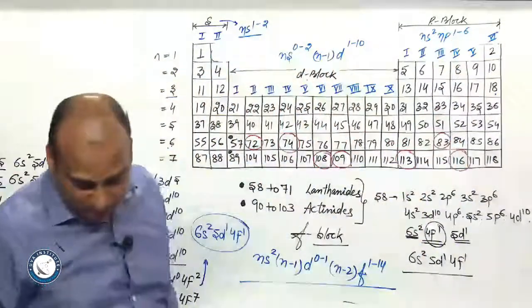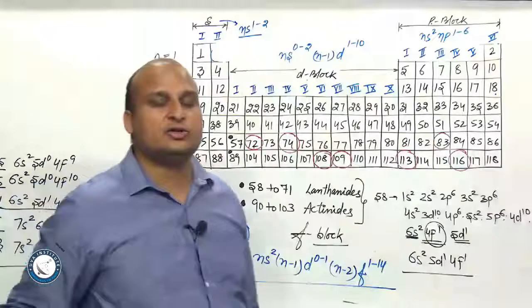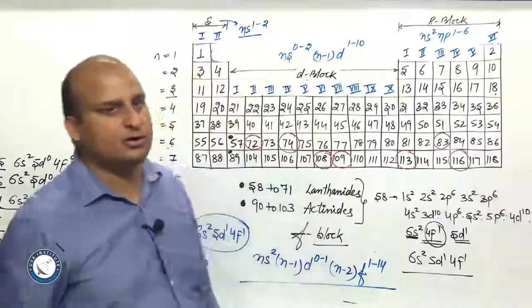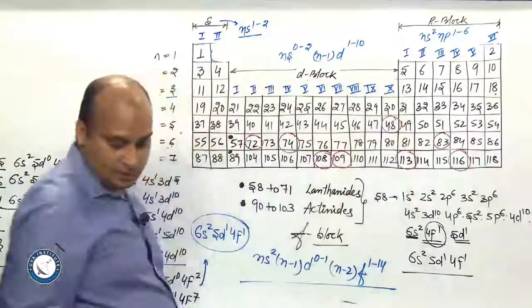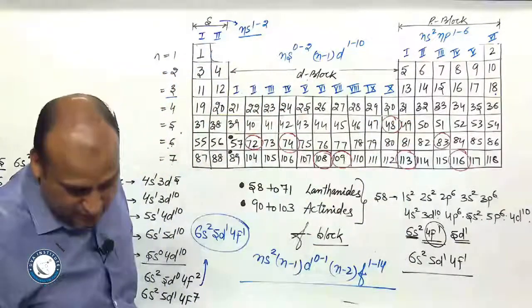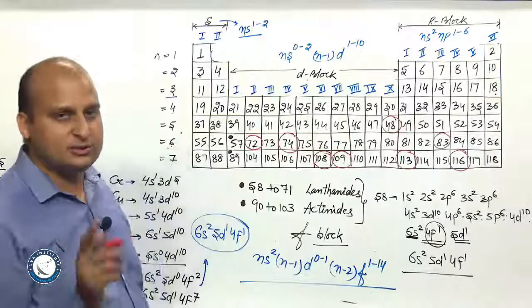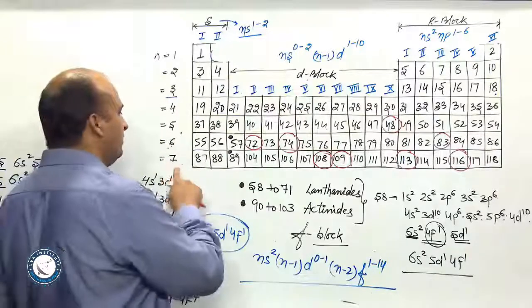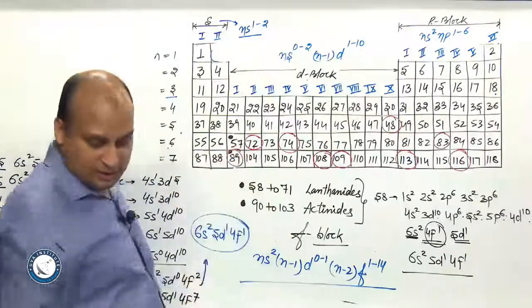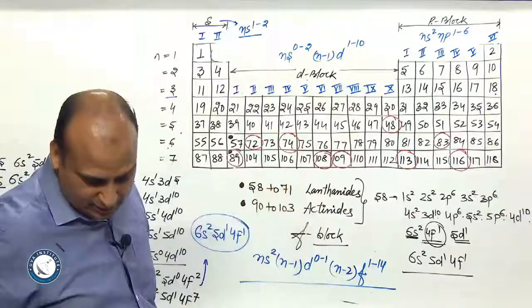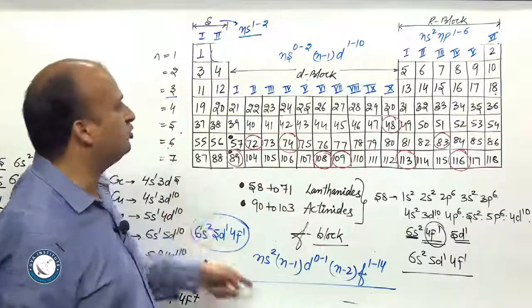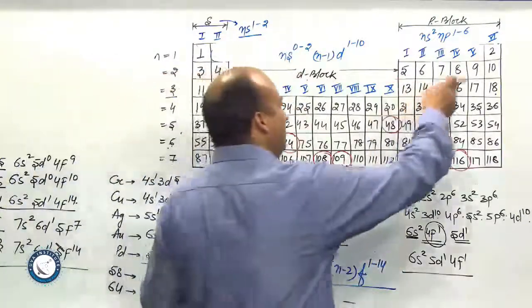Next number given to me is 48, 5s2, 4d10, 5th period, D block, 10th group. Next number is 89, 7s2, 6d1, 7th period, D block, 1st group. Next number is 60, I cannot see 60 written over here. The next number is 118, 7s2, 7p6, 7th period, P block, 6th group.